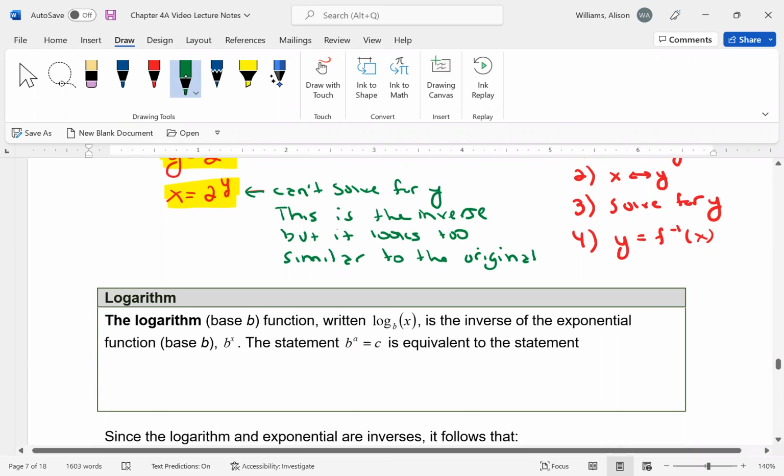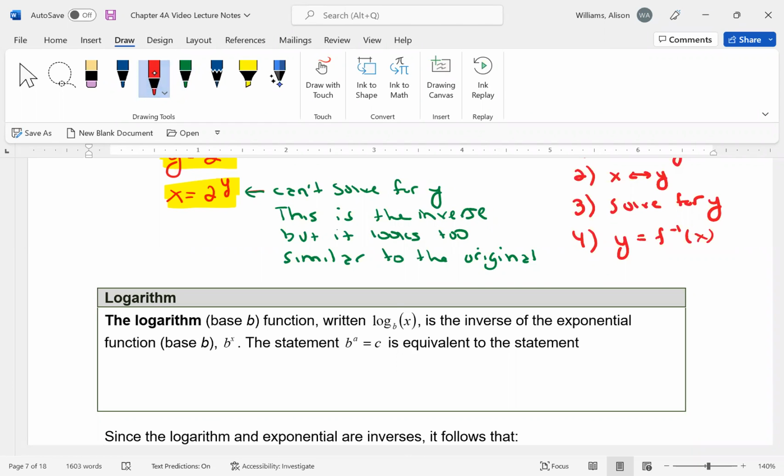So a logarithm base b, written log base b of x, is the inverse of the exponential function base b, b to the x. And here is the big key for logarithms. The statement b to the a equals c is equivalent to the statement log base b of c equals a.